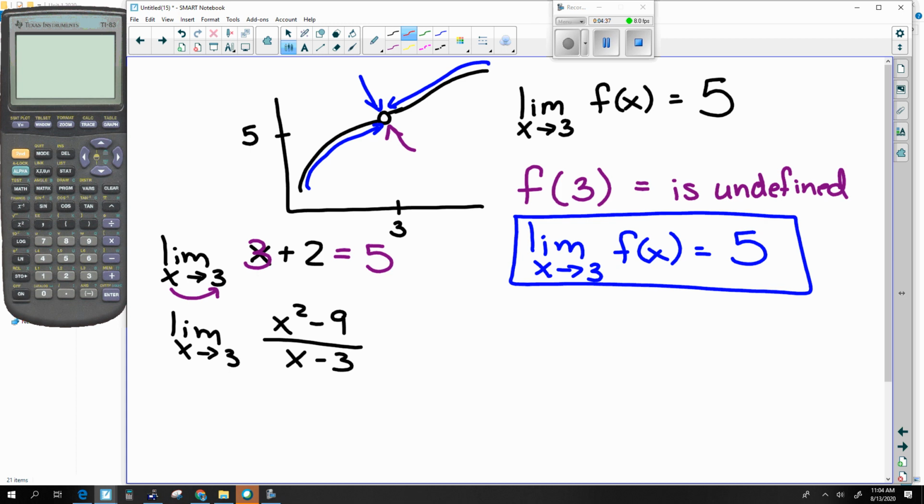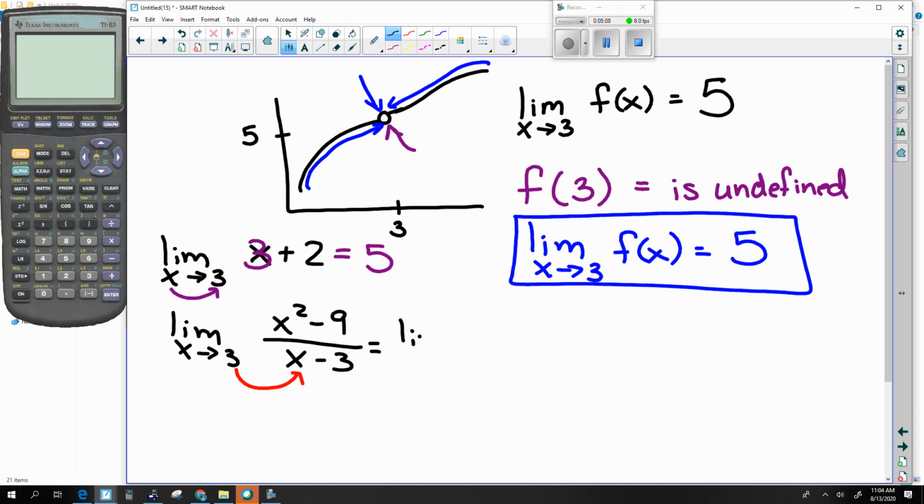For instance, in here, you cannot just substitute a 3 in for x, because that denominator would become equal to 0. Illegal mathematics. You can't create illegal mathematics. So instead, in the world of limits, if something like this is created, chances are the problem can be simplified.